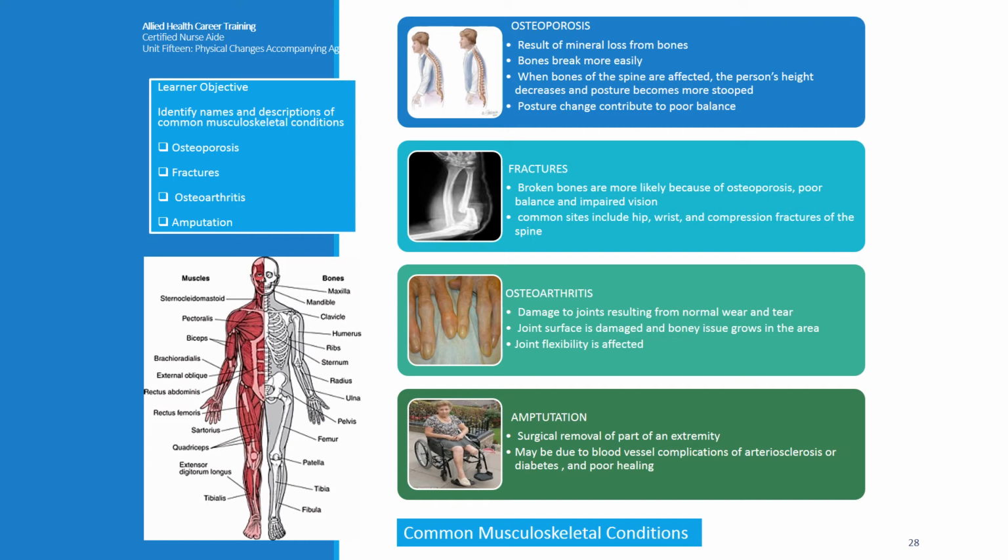So, when the bones of your spine are affected with osteoporosis, the person's height decreases and the posture will become more stooped. Again, you can have spontaneous fractures in the back as well, and these are usually called compression fractures. This is where basically the weight of the spine and the brittleness of the bones will cause the spinal bones to break.